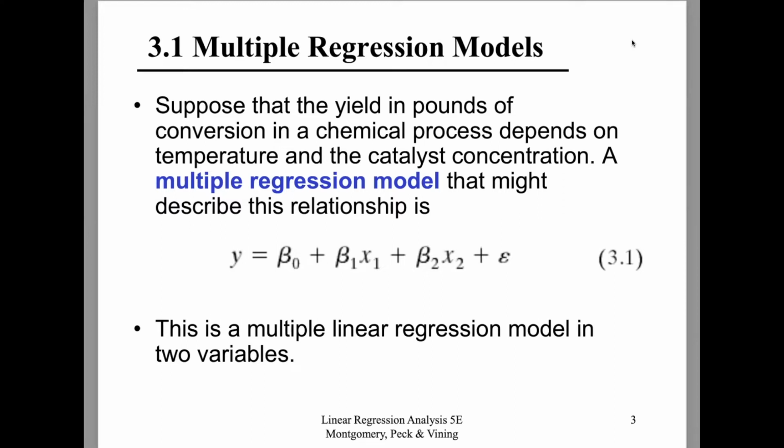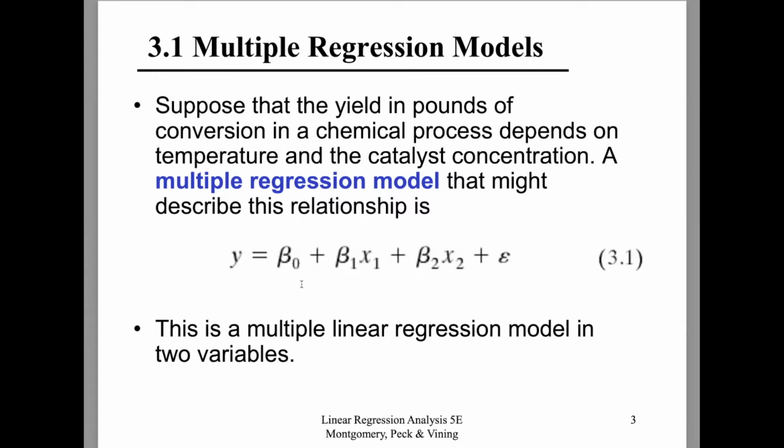On the right-hand side, we have the regression model itself, and that consists of two components. It's got a deterministic component and a random component. The deterministic component consists of beta 0 plus beta 1 times x1 plus beta 2 times x2. The random component is this last term, the epsilon, and that's a random variable.